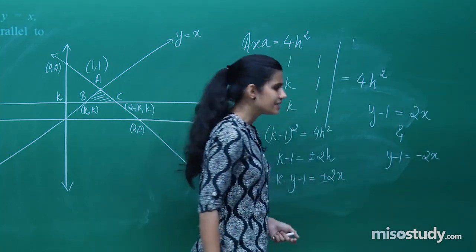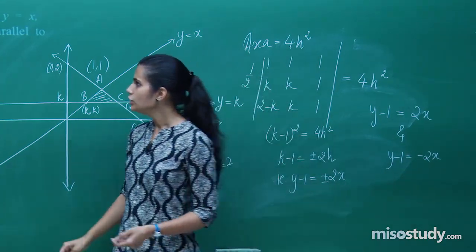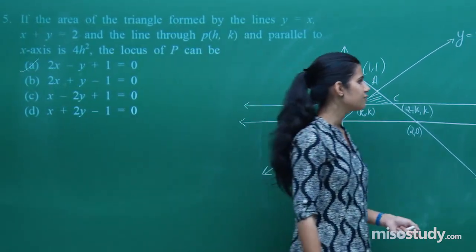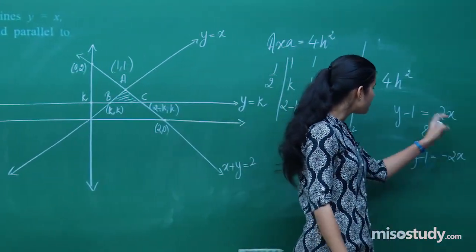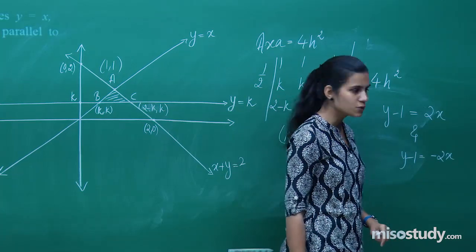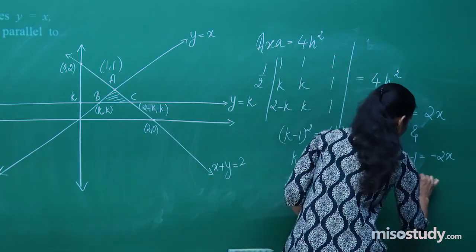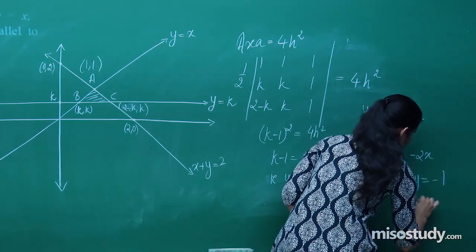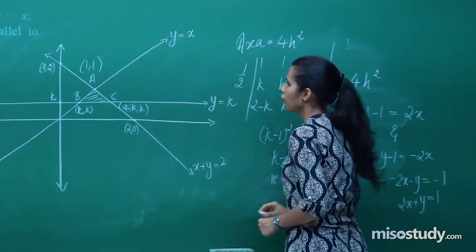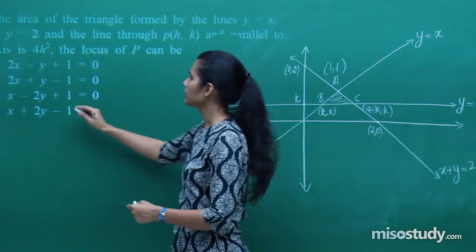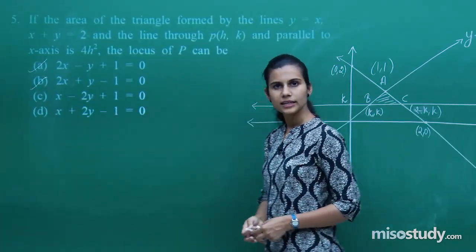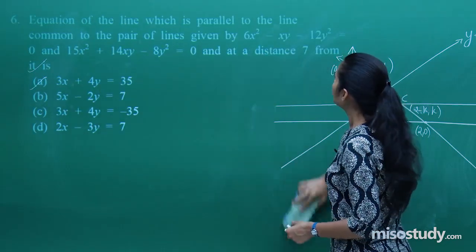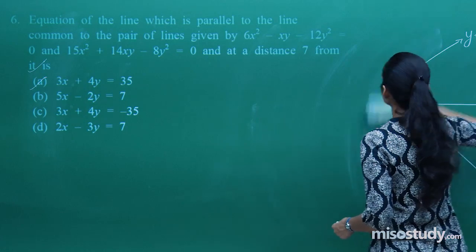So you get 2x minus y plus 1 equals 0, and next you have minus 2x minus y equals minus 1, or I can say 2x plus y equals 1, or 2x plus y minus 1 equals 0. Clear? Moving to the next question.